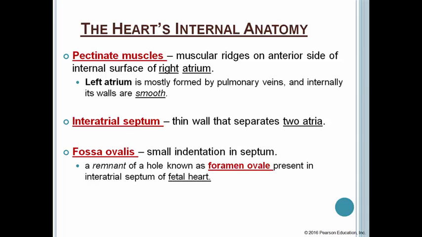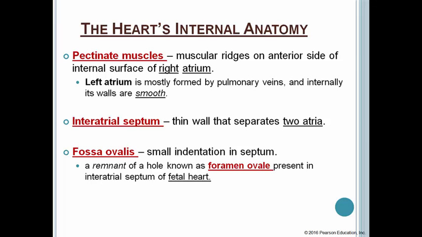Between the 2 atria, you have the interatrial septum. So this is the thin wall that separates the right atrium from the left. You have also a leftover from the fetal heart. In fetal hearts, you aren't allowing the right ventricle to pump blood to the lungs because the fetus isn't breathing.